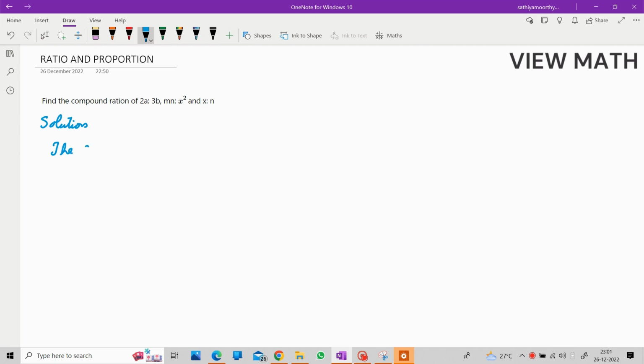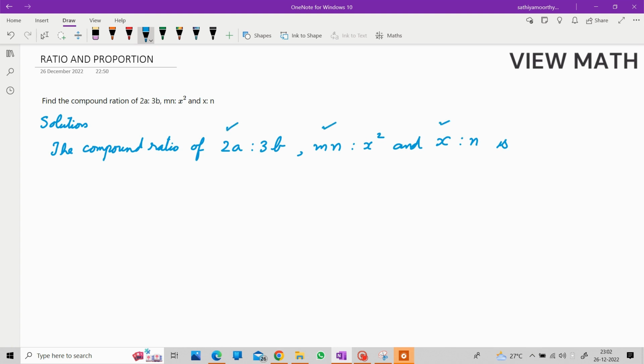So I have to multiply all the antecedents 2a, mn and x: 2a into mn into x is to all the consequents 3b into x square into n.